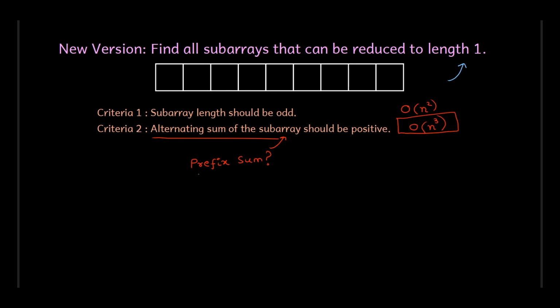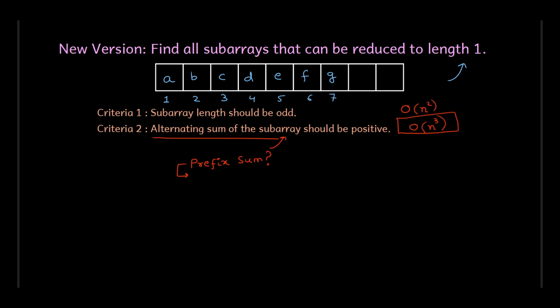But this time things will be a bit different, because let's say the array contains these elements A, B, C, D, E, F and G. Now let's define the alternating sum, and let's assume one based indexing. This is 1, 2, 3, 4, 5, 6 and this is 7.